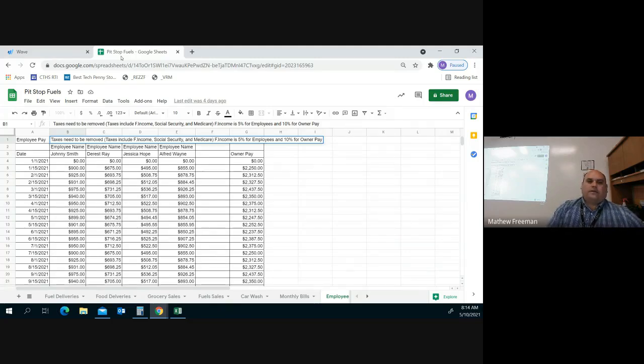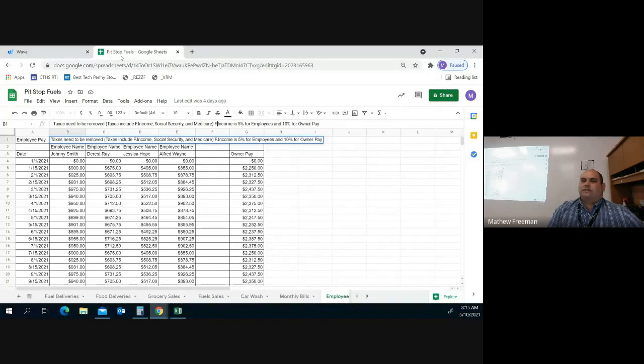So we need to figure out her federal income, her Social Security, and Medicare. Now there's no health insurance, so we don't have to worry about that. Remember, with health insurance, the federal income tax is deducted after the health insurance, but Social Security and Medicare are deducted on the actual gross before health insurance.